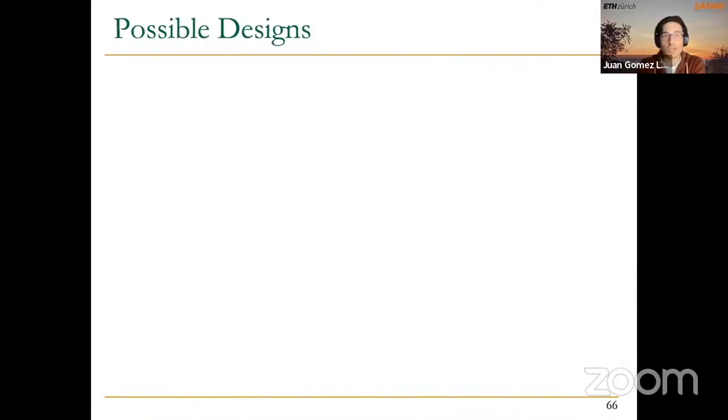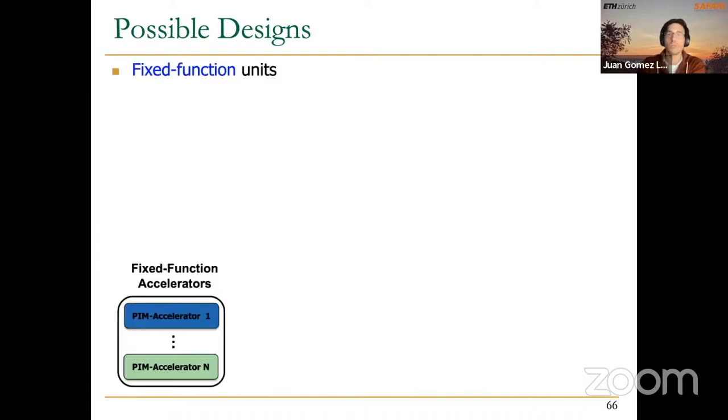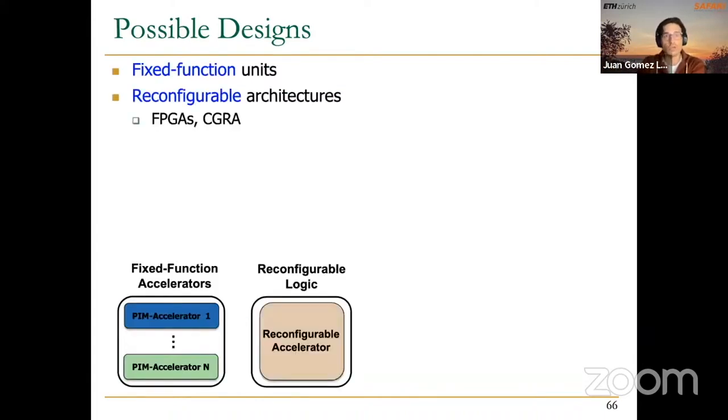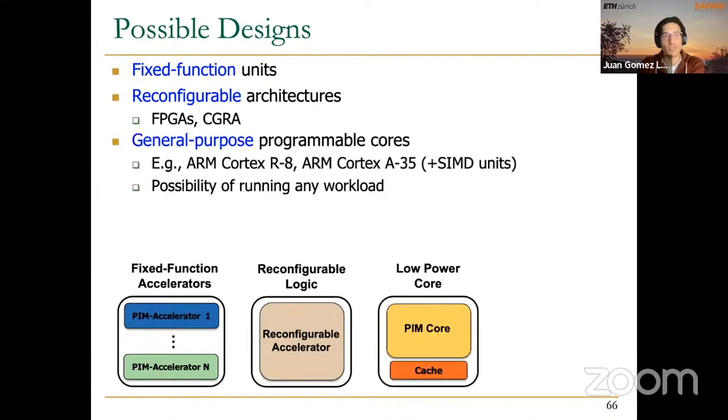And then what is the type of processor or the type of accelerator that we are going to put there on the PIM side? Well, we may have accelerators or fixed function units. We can also have reconfigurable architectures, potentially like FPGAs, or we can have general purpose cores. If you take a look at the examples that we have in the real world already, you will see actually several of these.